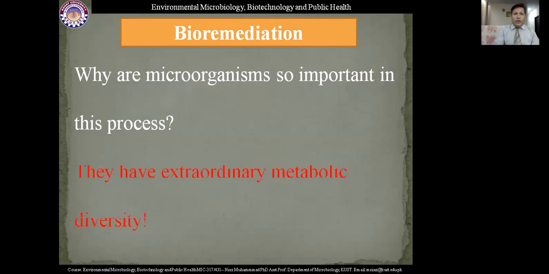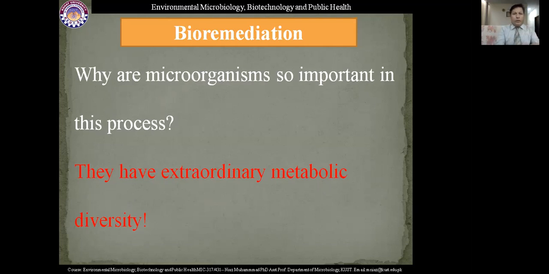They have extraordinary metabolic diversity. Here I want to explain one thing. Microorganisms have extraordinary metabolic diversity because in 1 gram of soil, millions and millions of microorganisms are present. According to an estimate, 1 gram of agricultural soil contains 10 to the power 9 microorganisms. Different microorganisms have the ability to produce different types of enzymes.